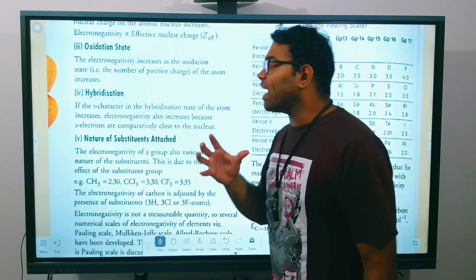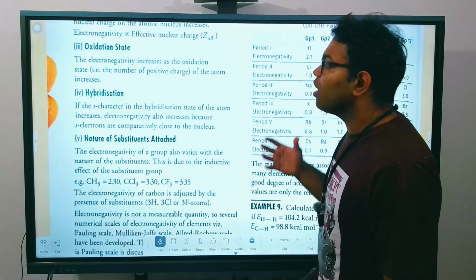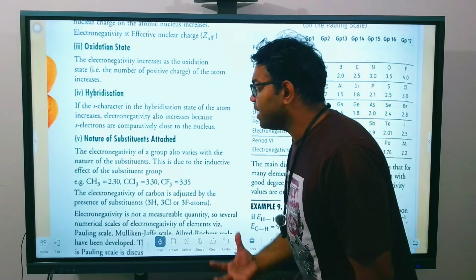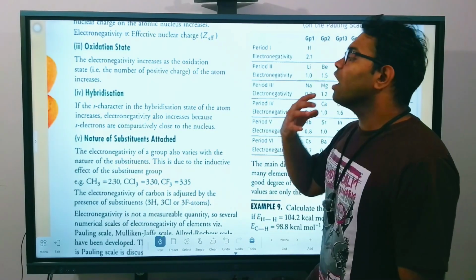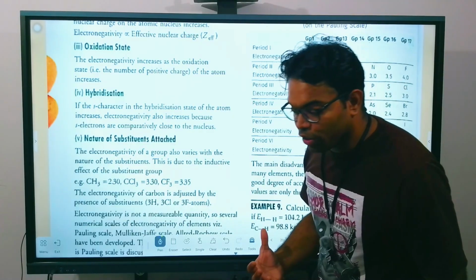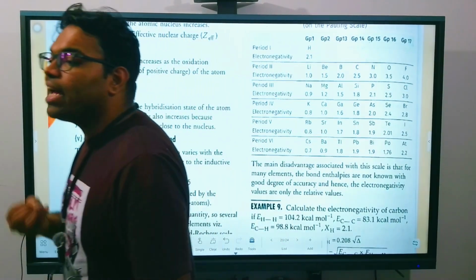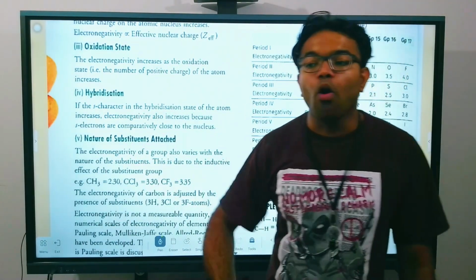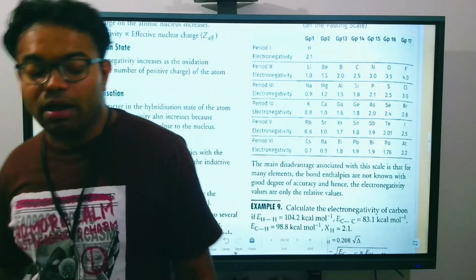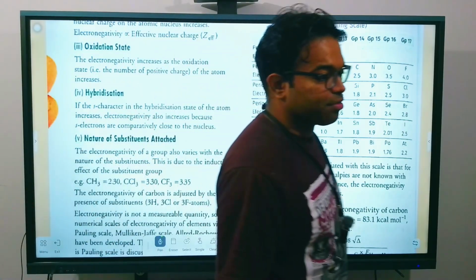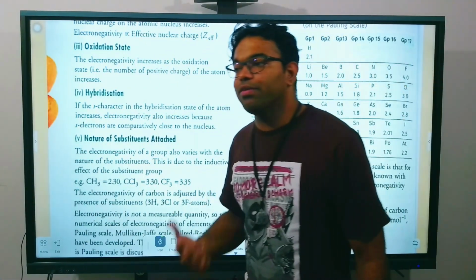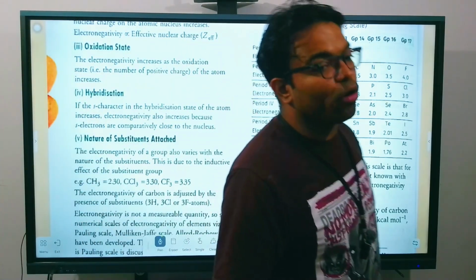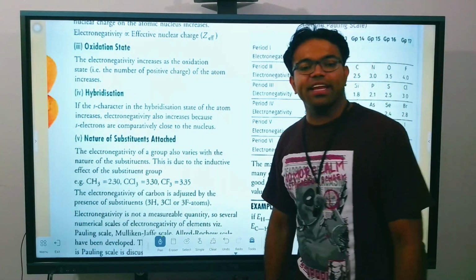If the s character in the hybridization state of an atom increases, the electronegativity also increases, because s electrons are comparatively closer to the nucleus. So as the s character in the hybrid orbitals increases, the atom becomes more electronegative. This is something we will understand much more deeply when we study the chemical bonding chapter, probably next week.